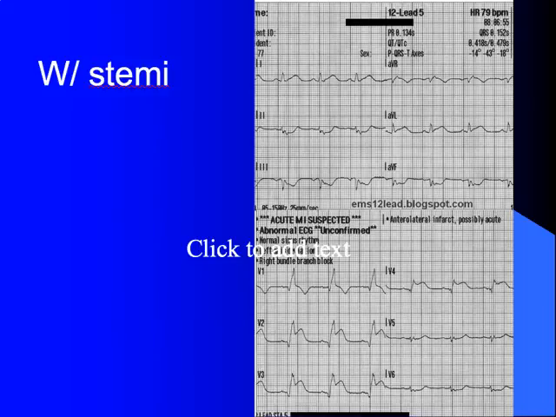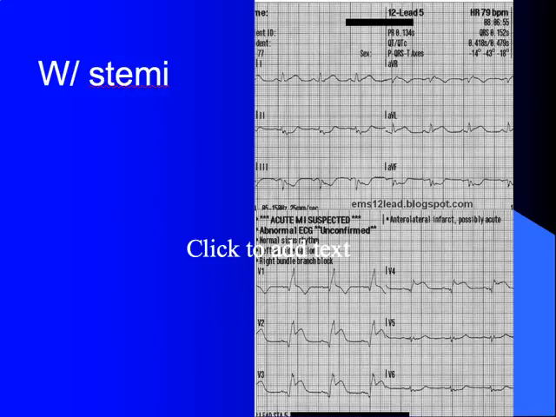This is a right bundle branch block patient. This is a very extensive MI. We have concordant ST depression in leads 2, 3, and aVF. We have concordant ST elevation in leads 1 and aVL. We have concordant ST elevation in leads V1, 2, 3, 4, and it looks like 5. And then we have concordant ST depression in V6.